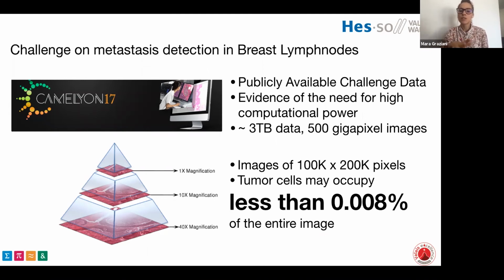These images contain an average of 1 billion pixels each. As I wanted to underline before, in these images a single tumor cell may occupy less than 0.008% of the entire image. So you see that what I was saying about finding a needle in the haystack is the problem that we're trying to solve here.